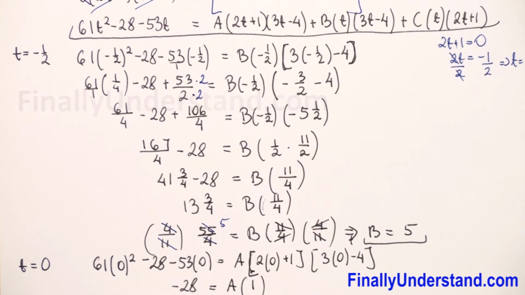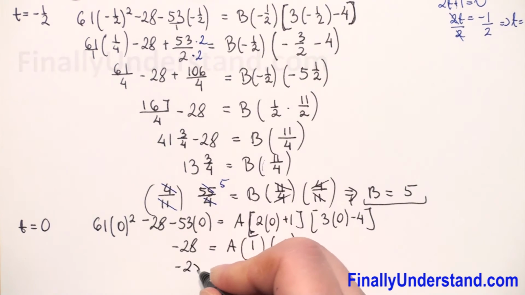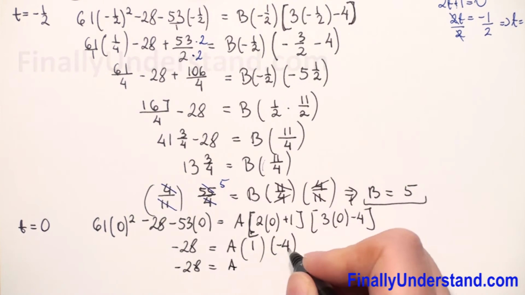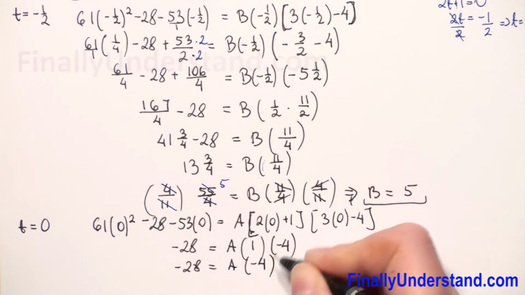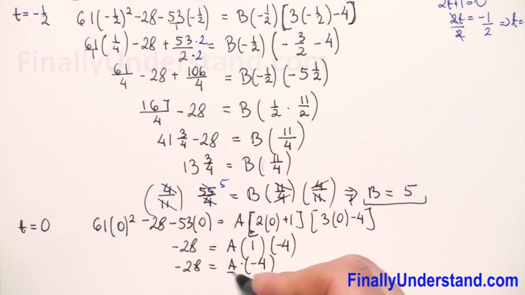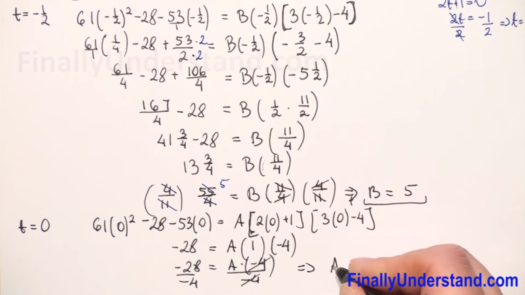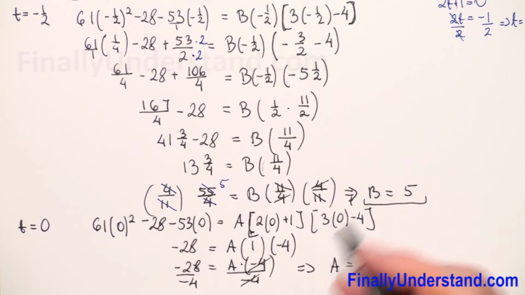So now brackets, so we have 1, 0 minus 4 is minus 4. So we have negative 28 is equal a times 1 times negative 4 is negative 4. Because we have multiplication, to find a, I will divide both sides by negative 4. So negative 4 and negative 4 we can reduce, and we have that a is equal 28 divided by 4 is 7. Negative divided by negative give me positive.